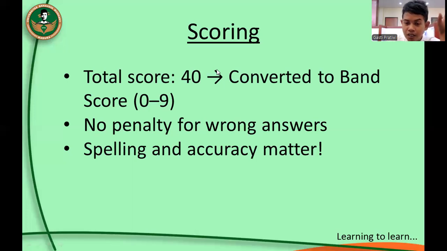You don't have any penalty for wrong answers, so your score will not be minus 1 or minus 2 if you happen to have wrong answers. And spelling and accuracy matter. Even though you can locate the answer accurately, if you happen to write the spelling of a certain word incorrectly, then your answer will be considered incorrect.